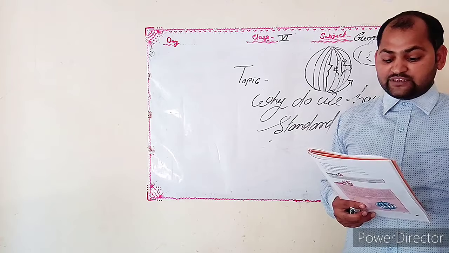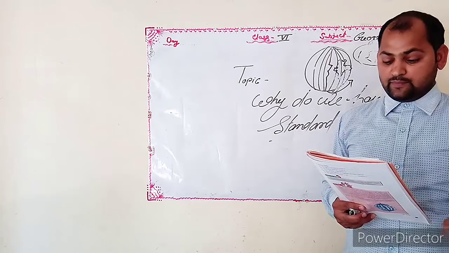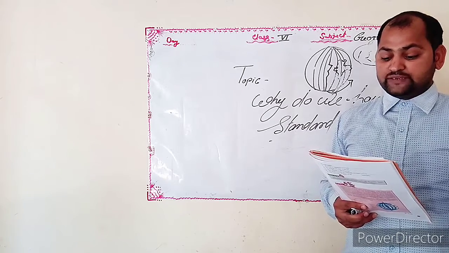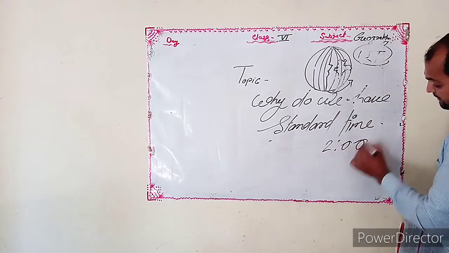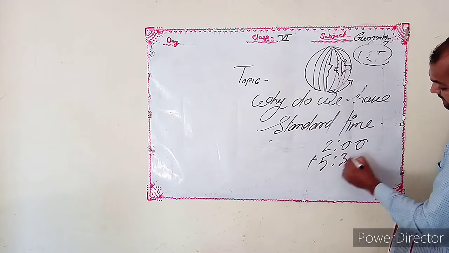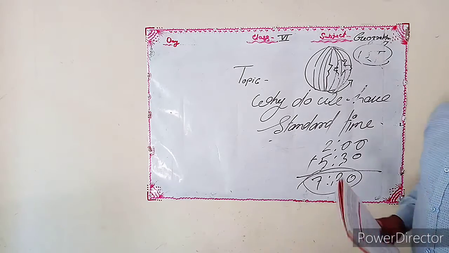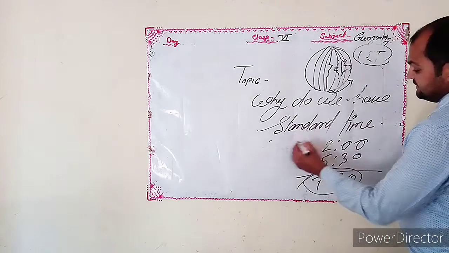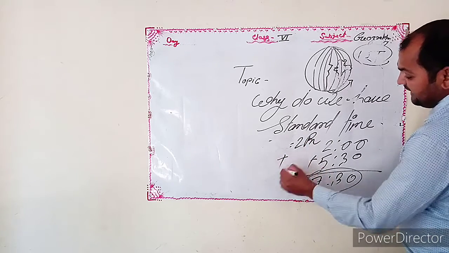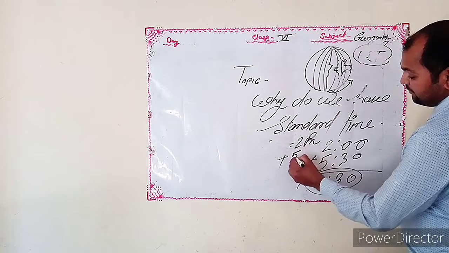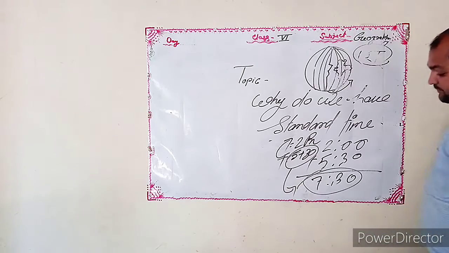So it will be 7:30 p.m. in India when it is 2 p.m. in London. You should add 5 hours 30 minutes to 2 p.m. So what time will it be? 7:30. When it was 2 p.m. in London, the time in India, after adding 5 hours plus 30 minutes, will be exactly 7:30.